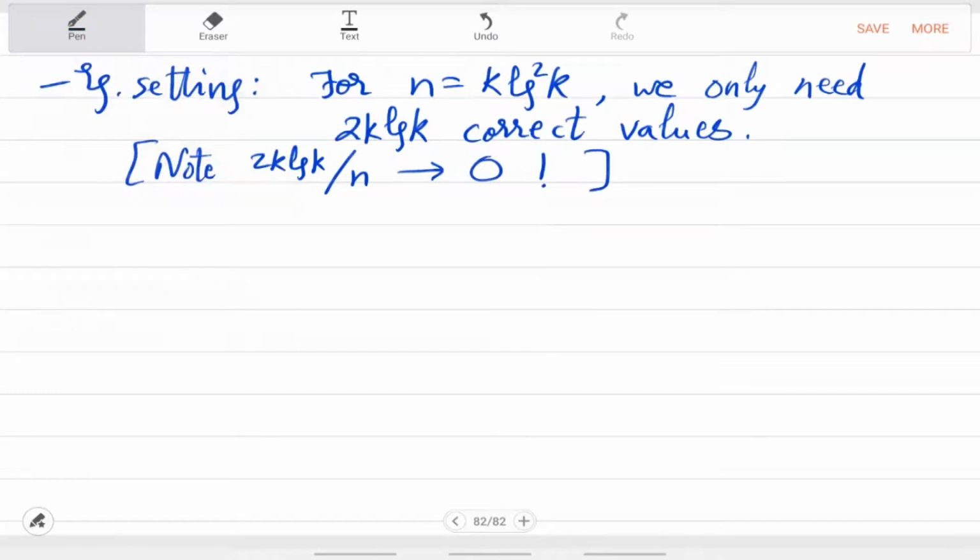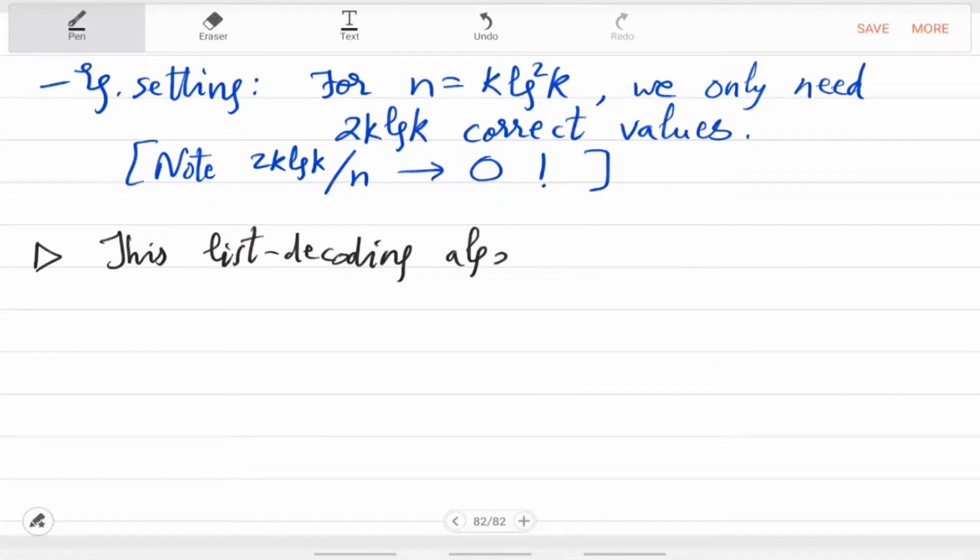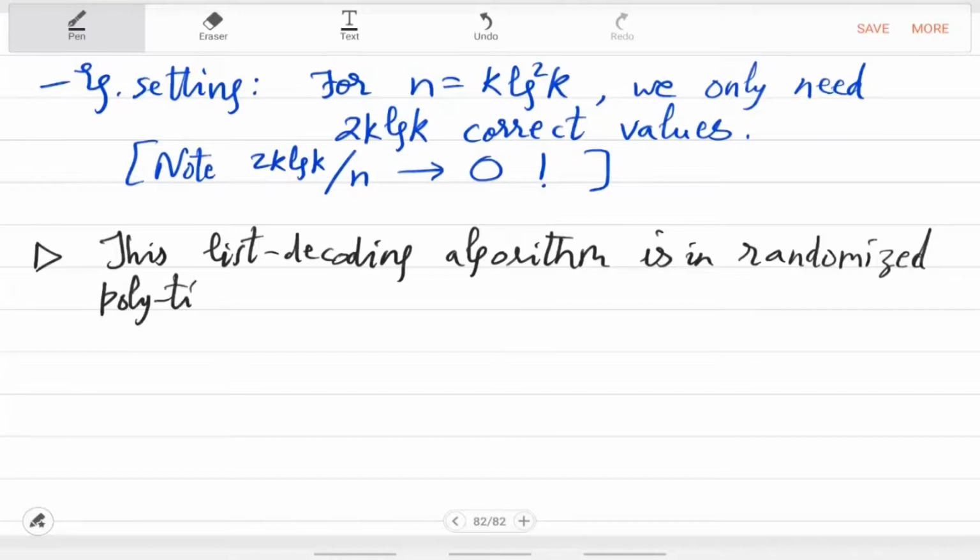So what you have in the end, let's collect everything, is that this list decoding algorithm is in randomized polynomial time. Well, we haven't shown that completely because of this major missing algorithm to factor q(x,y), but that will be our goal from now.